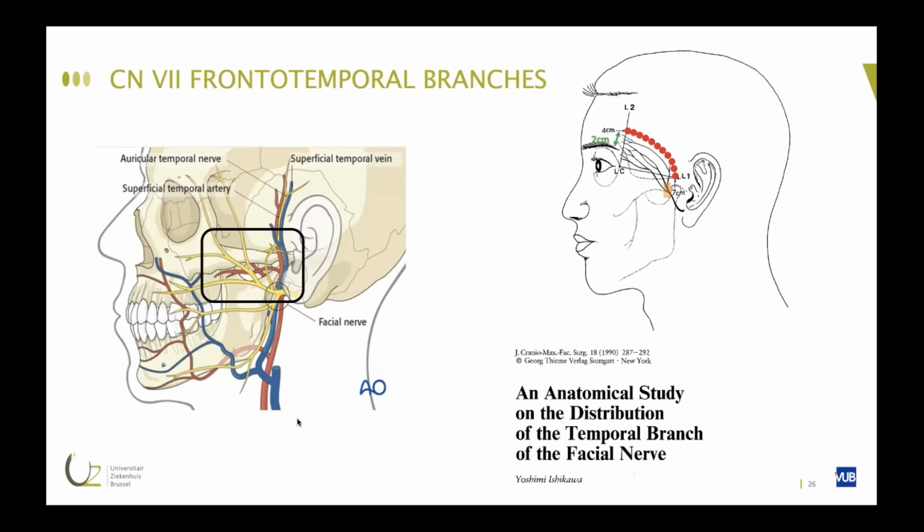This brings us to consider the course of the frontotemporal branch. The safe zone for any access incision is posterior superior to an arch with the lateral canthus as a rotation point and a radius of 4 cm in cephalad direction and 7 cm in a posterior direction.